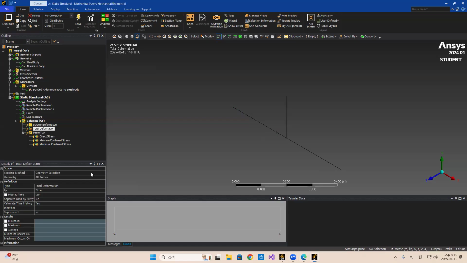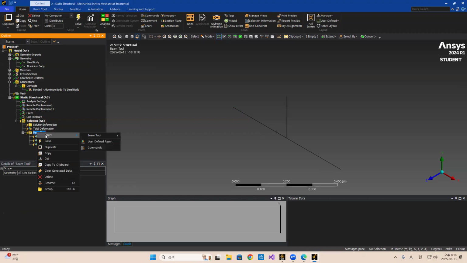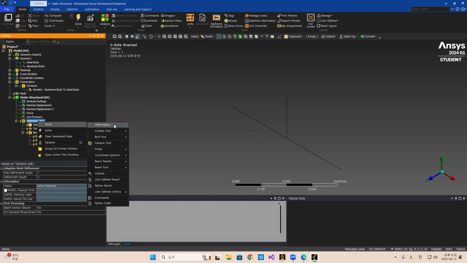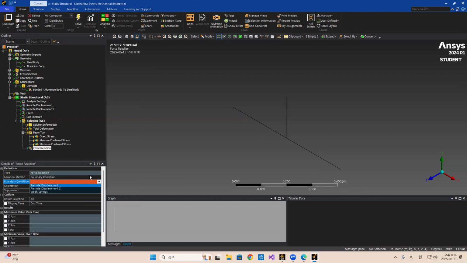In this problem, I want to find the reaction force here and the reaction force here. So in the solution, insert probe, force reaction, at remote displacement 1, which means here.